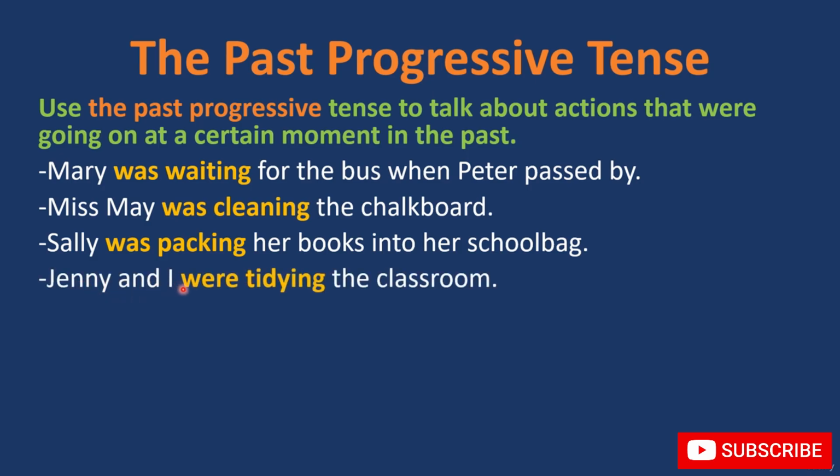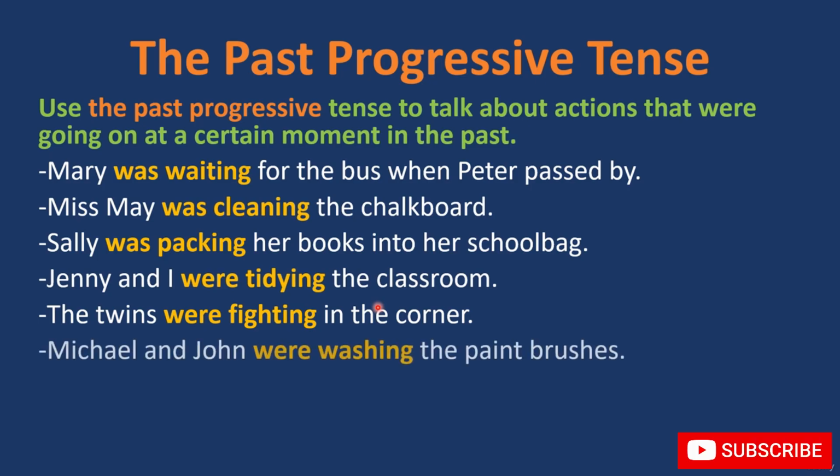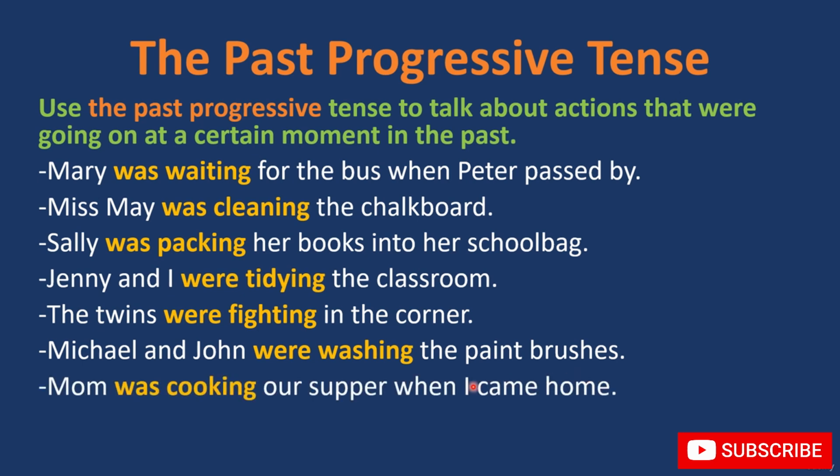Jenny and I were tidying the classroom. The twins were fighting in the corner. Michael and John were washing the paint brushes. Mom was cooking our supper when I came home.